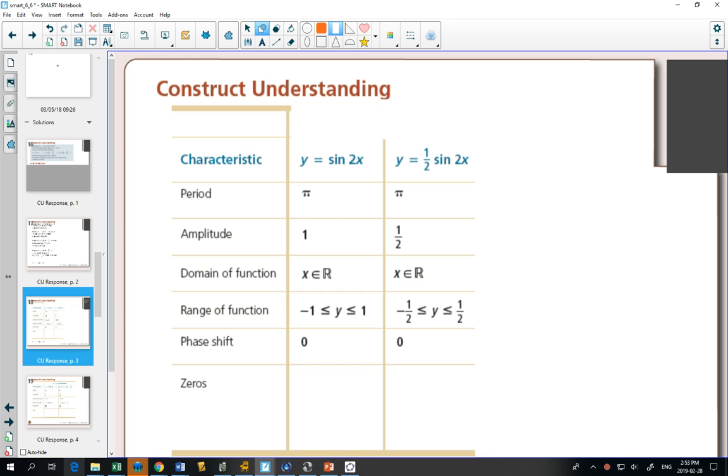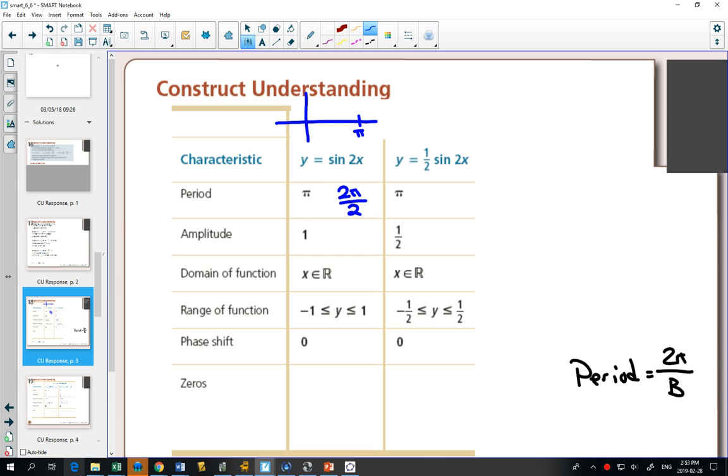We might also remind ourselves that we've got this formula that says our period is 2 pi over our b value. And the b value in the first one is 2, means that our period is going to be 2 pi over 2, which simplifies to pi. If our period is pi, and I draw a quick picture, I would mark where pi is, divide it into 4 equal sections.